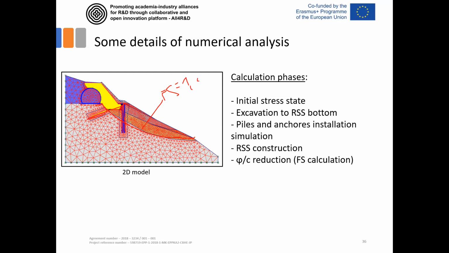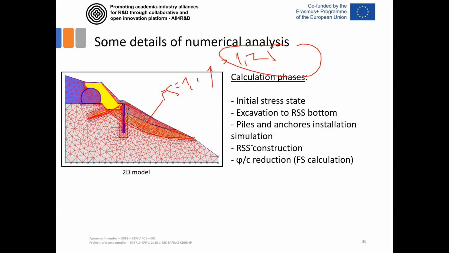After the piles, capping beam with anchors, we need to increase the safety factor from 1 to a value that is over 1.25, since the Eurocode standard was used for the calculation, the norm that defines the safety factors.